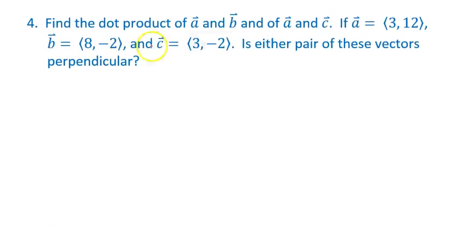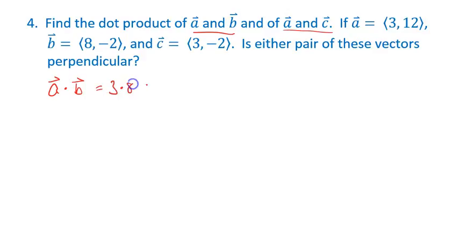Our example gives us 3 vectors, A, B, and C. And we have them already in the vector notation. They didn't give us points, so we don't have to do that extra work. Is either pair, A and B, or A and C, perpendicular? So the first thing I'm going to do is A dot B and see if I get a 0. So looking at A and B, I take the first two numbers and multiply them.